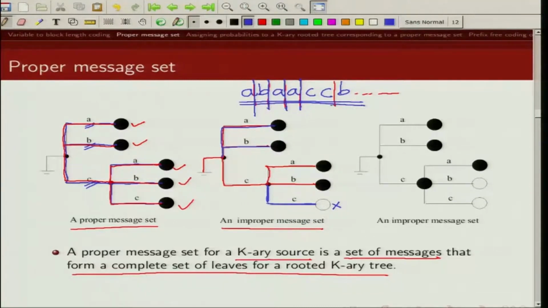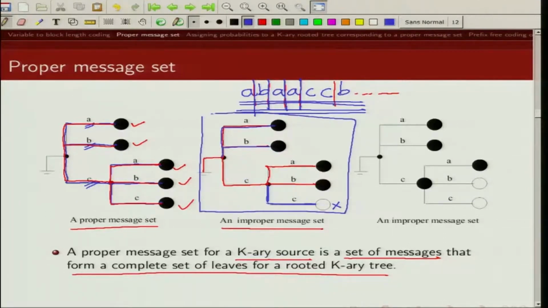The next bit is C, so it is CC, but CC is not used. So if I give this particular input stream to my message source parser, I cannot parse sequences which are of type CC. So this is an example of an improper message set.